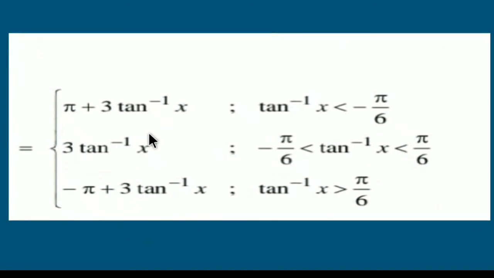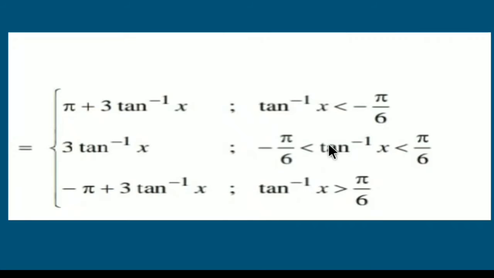So let's see, substituting theta over there, that is 3 tan inverse x, instead of theta we have to say tan inverse x over there. So wherever tan inverse x, if you draw the graph of tan inverse x, then you can get the idea, as tan inverse x lies between minus pi by 2 to plus pi by 2. So 1 by root 3 corresponds to the value pi by 6, and minus 1 by root 3 corresponds to the value minus pi by 6.